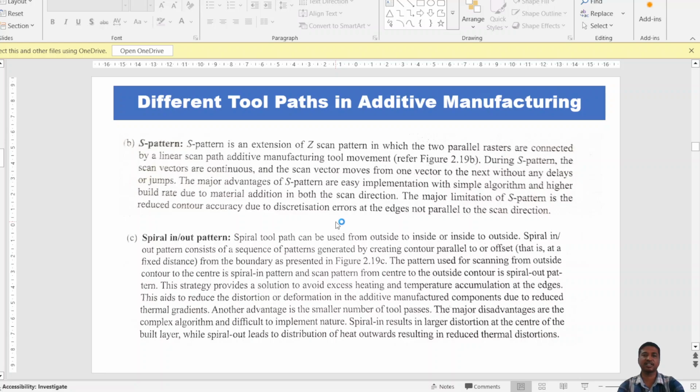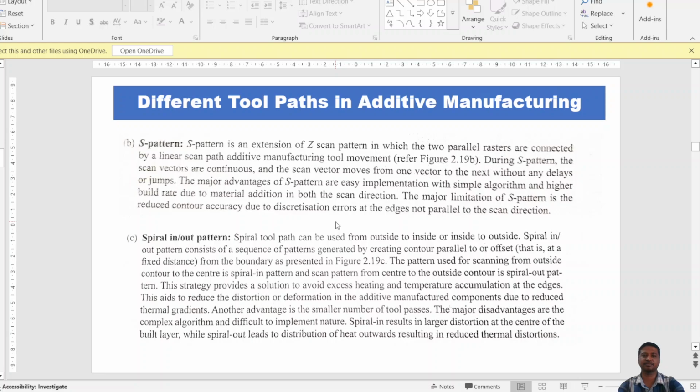The major advantages of the S pattern are easy implementation with a simple algorithm and a higher build rate due to material addition in both scan directions. The major limitation of the S pattern is the reduced contour accuracy due to discretization errors at the edges not parallel to the scan direction.